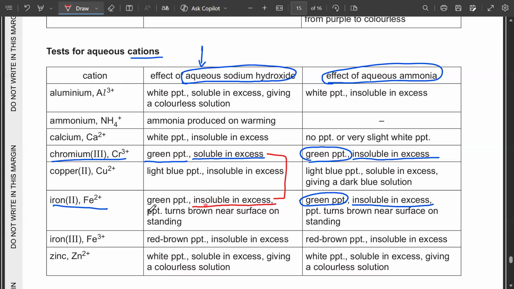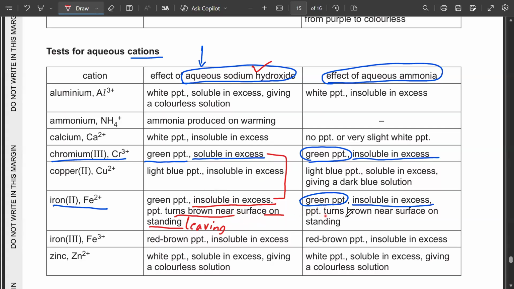Along with that, you can also say that iron 2 plus turns brown on standing, or you can also say on leaving. That means you have the solution in the beaker or container whatsoever, and it is left as such. So after some time, it changes its color. So iron 2 plus can be differentiated from the chromium plus 3 ion on these bases by reacting with the sodium hydroxide and leaving it out.